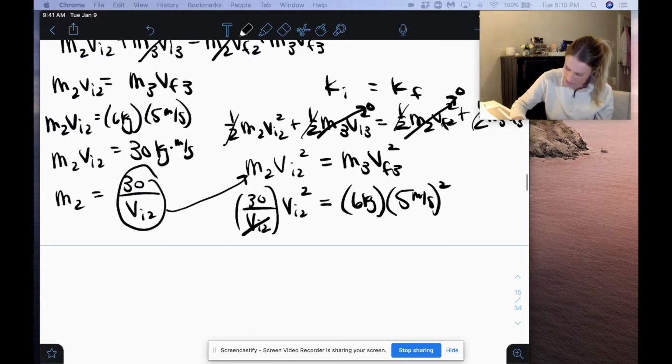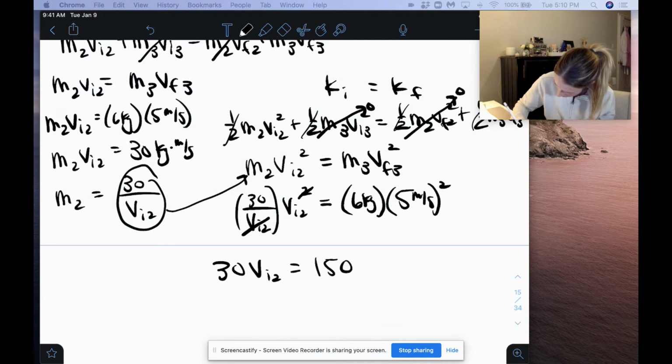Here, this V initial 2 in the denominator cancels out with one of the squared ones, and I end up getting 30 times V initial 2 equals 6 times 5 times 5, which is 150 kilograms times meters squared per second squared. We'll just leave off the units for now.